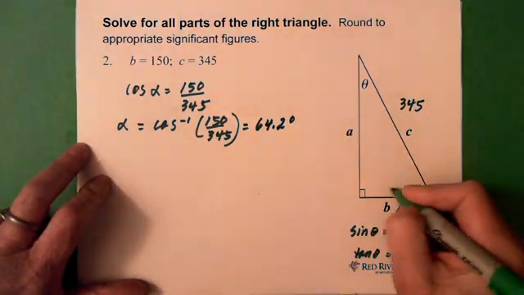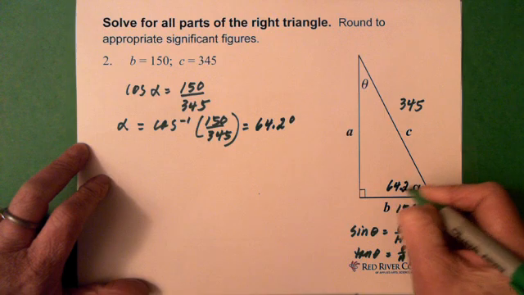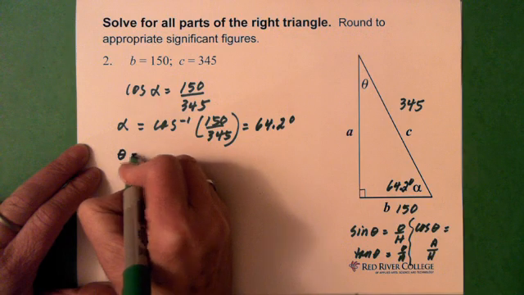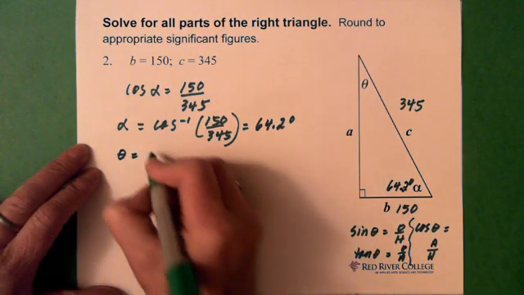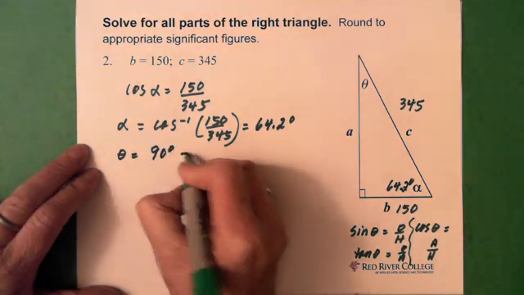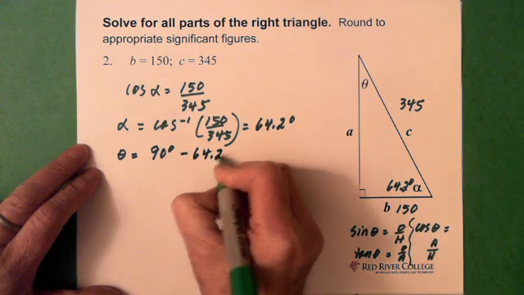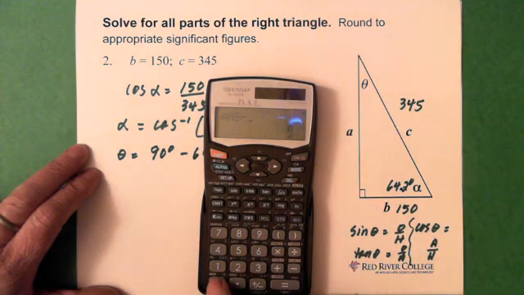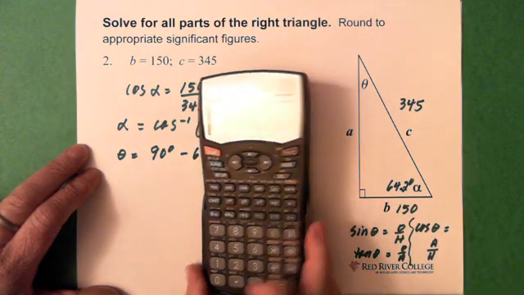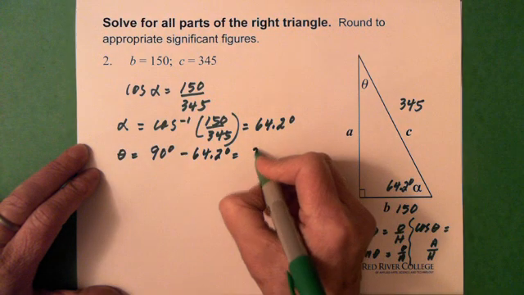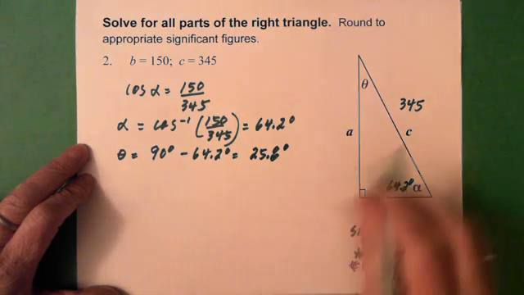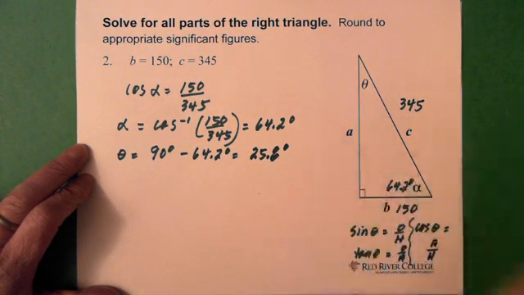And then if we know this, 64.2 degrees, we can also solve for theta. So theta has to be 90 degrees minus 64.2 degrees, which is 25.8 degrees. All right, and then the last thing we need to solve for is A. We're going to use a trig function here.